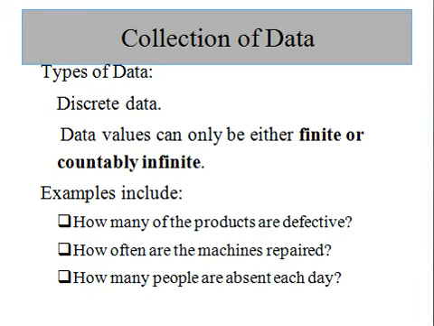Other than that, how often are machine repairs, or let's say how many students are absent in a class, or how many people are absent each day. Such type of data is considered as discrete data.